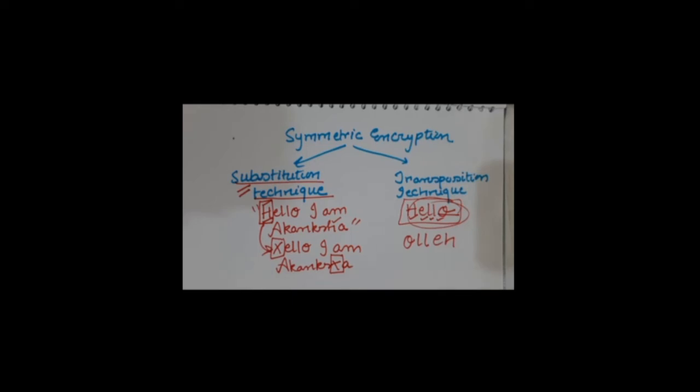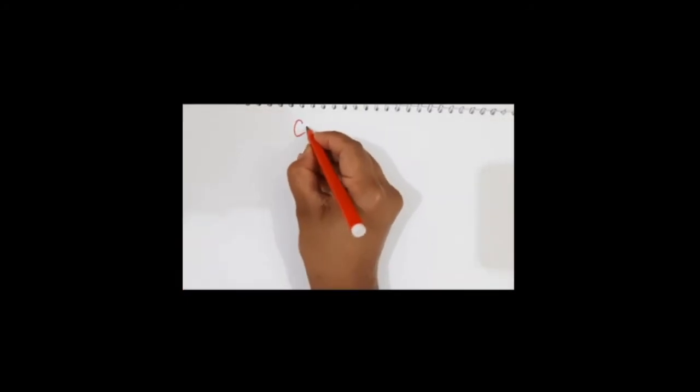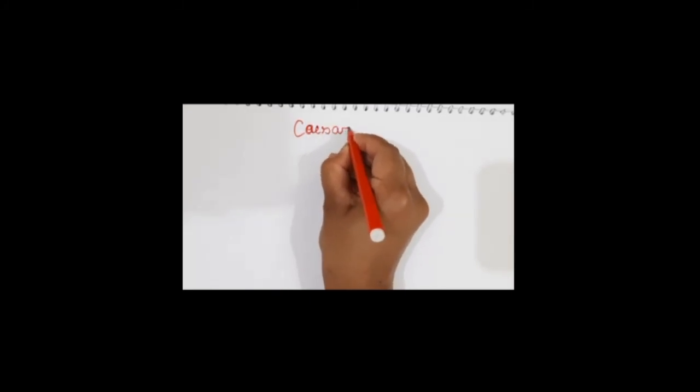Now, substitution techniques can be of various types. I'll be discussing the first type today, and the rest of the types will be discussed in future videos. The first type is Caesar cipher.